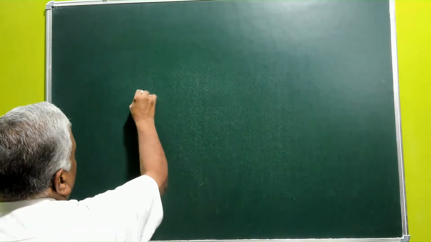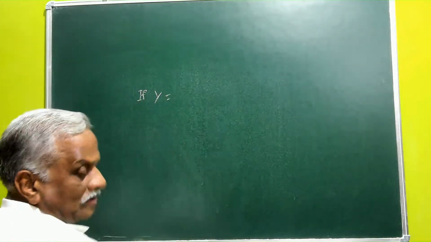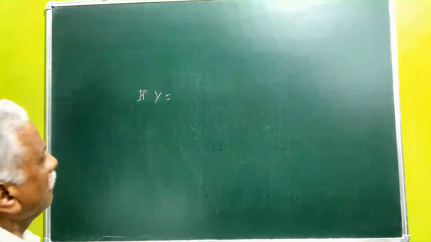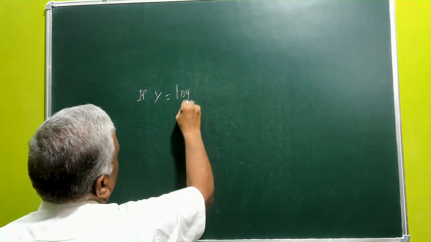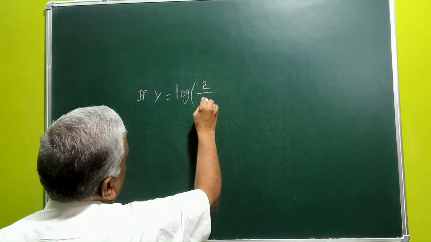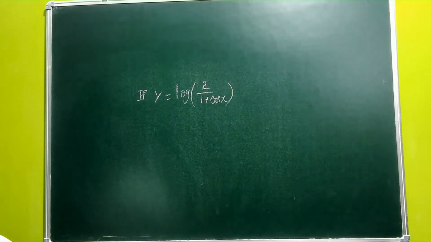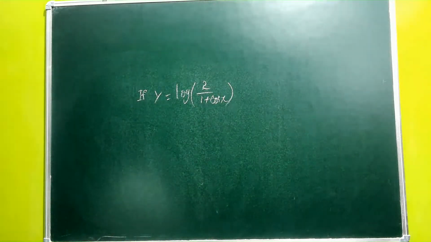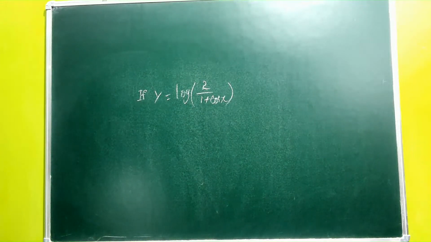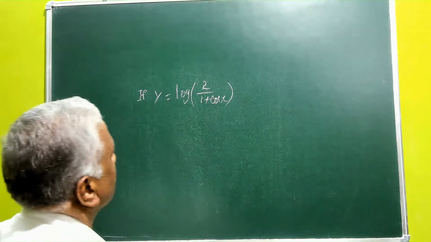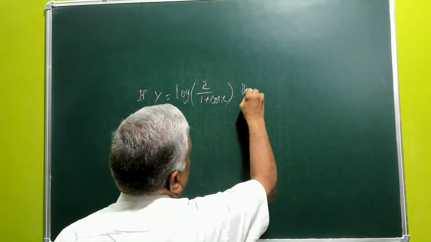If y is equal to log of 2 over 1 plus cos x, you have to find what is dy by dx.